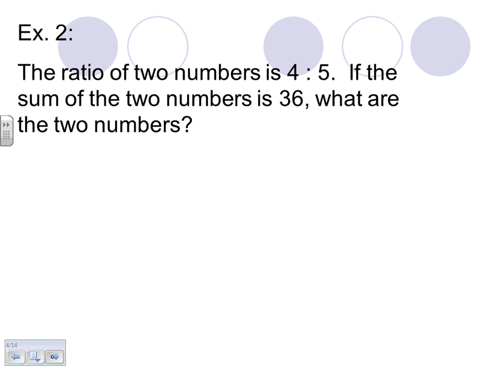Next example, the ratio of two numbers is 4 to 5. So I'm giving you the comparison. If the sum of the two numbers is 36, what are the two numbers? So you're thinking about how we might be able to figure this out.